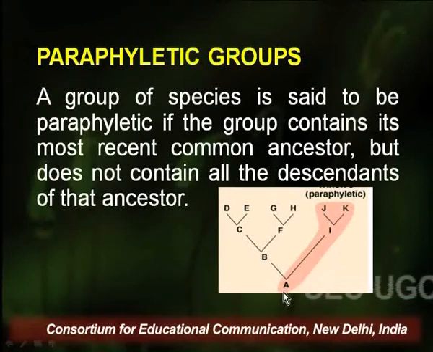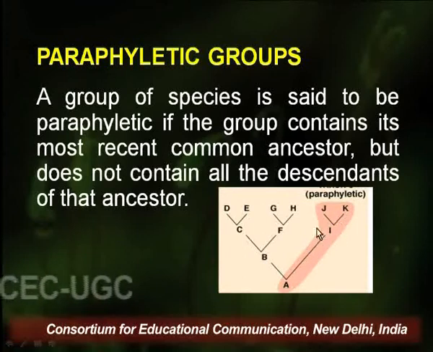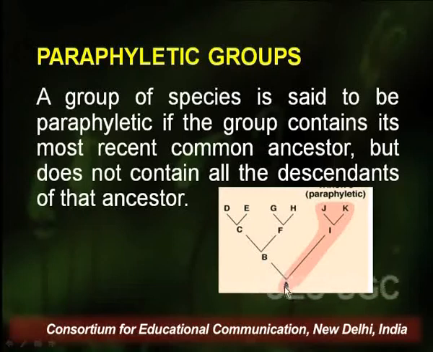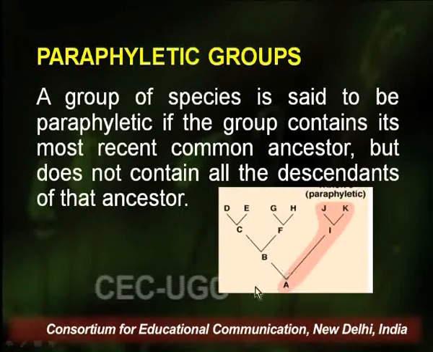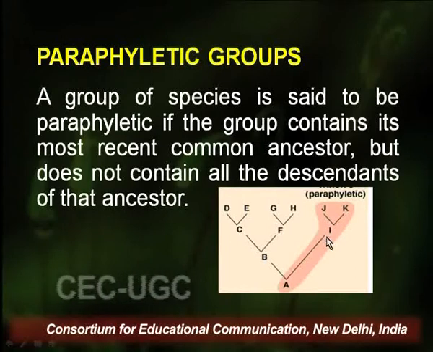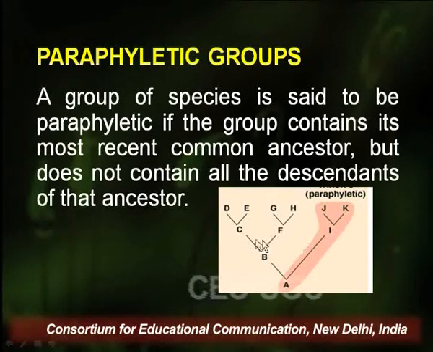Because although there is one common ancestor, the most recent common ancestor is away from the common ancestor which we are finding out here. So, this group of species is said to be paraphyletic. It has basically a different line because the most recent common ancestor does not contain all the descendants, say C, F and B in this line of evolution.